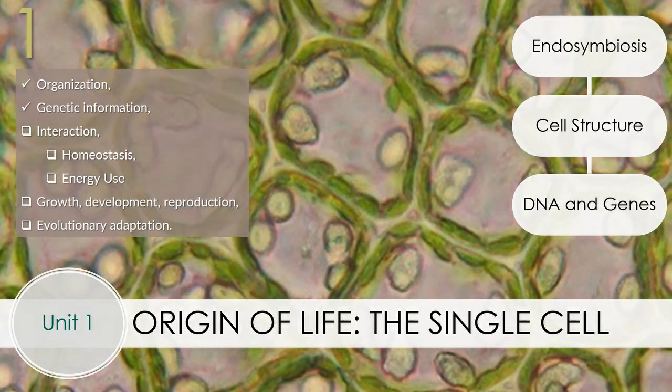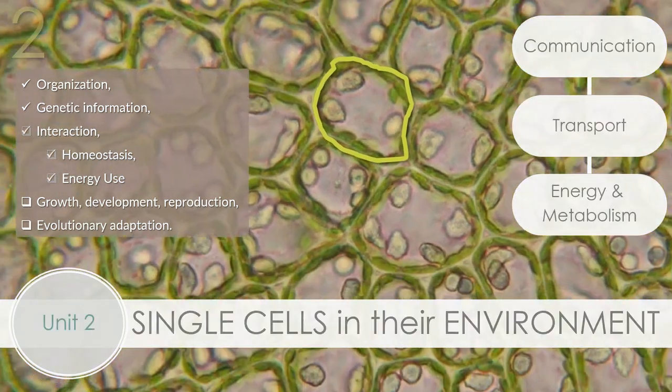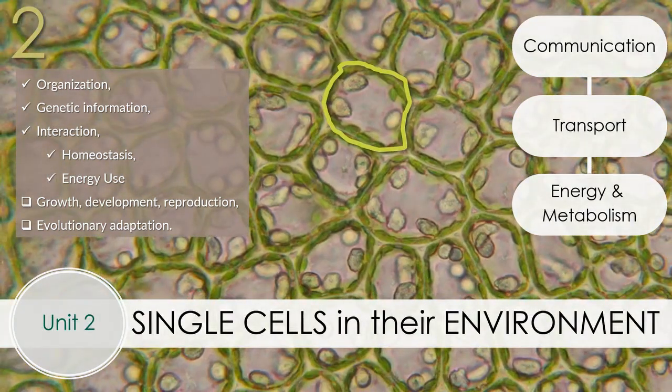We will start small with the single cell, and we will focus on the organization and genetic information within the cell. So we're starting with 1 and we're starting within. Following, in Unit 2, we will zoom out a bit and look at the single cell in relation to its environment.